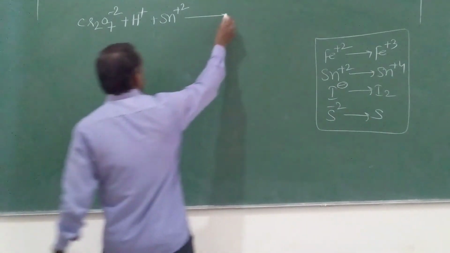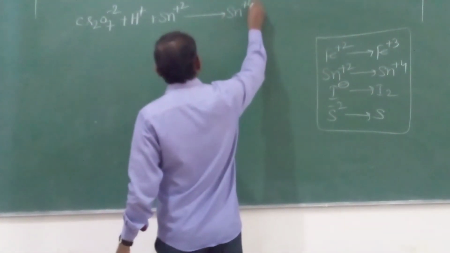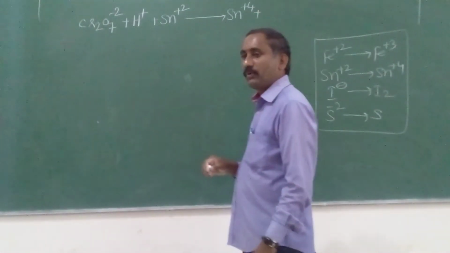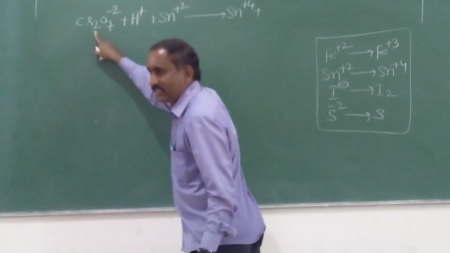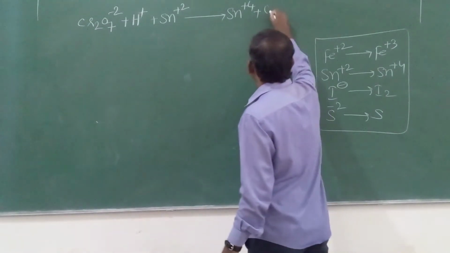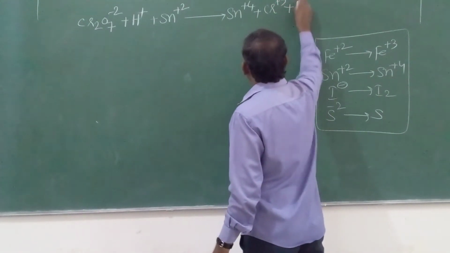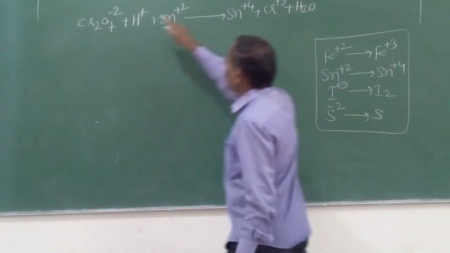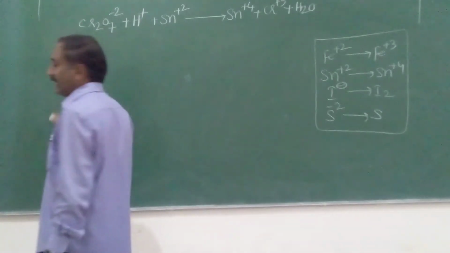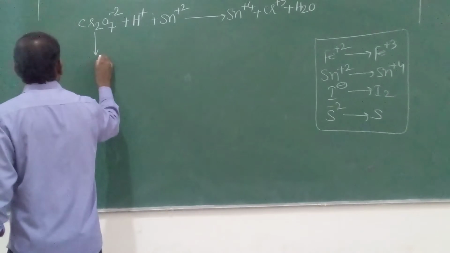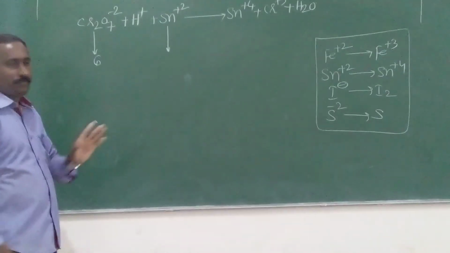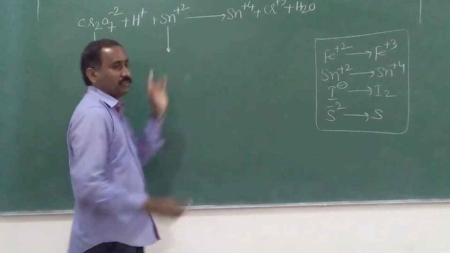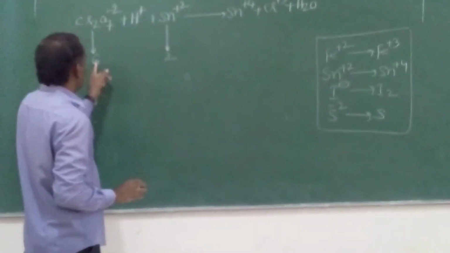Now stannous to stannic, Sn plus 4. In all the oxidizing properties, the common byproducts are Cr plus 3 and H2O. Because it is the oxidizing agent, it itself undergoes reduction: Cr plus 3 and one more product, H2O. Dichromate n factor is always 6. Here the difference is 2. A small point you should remember: 6 and 2.